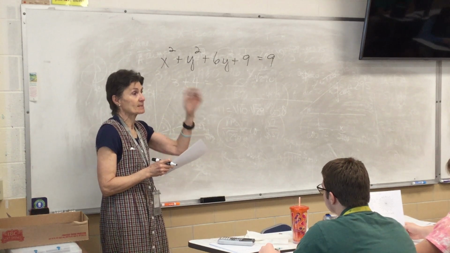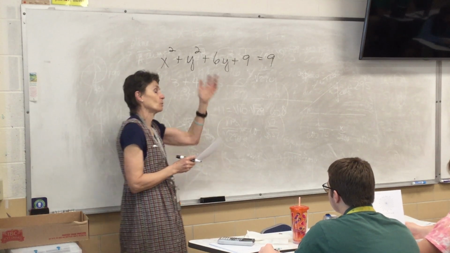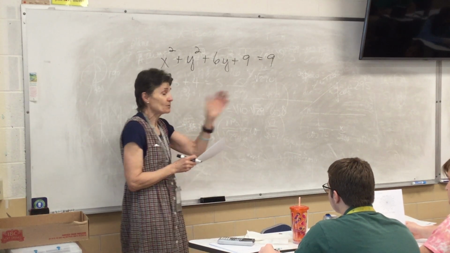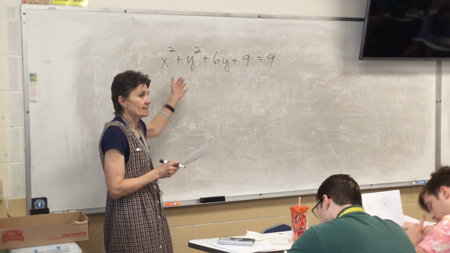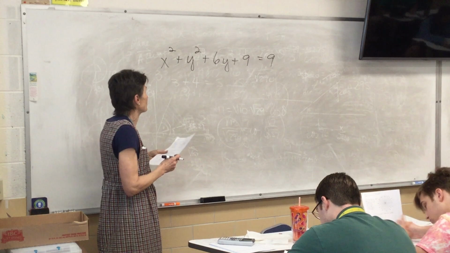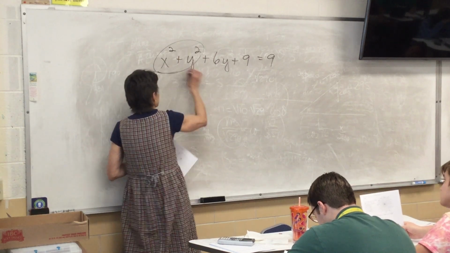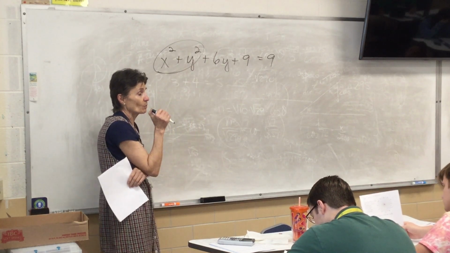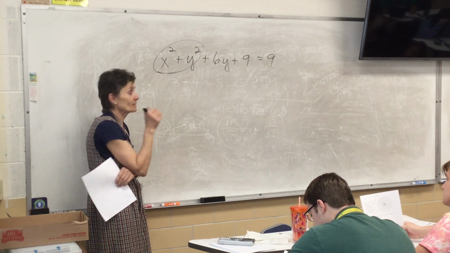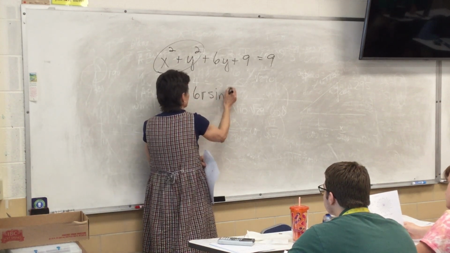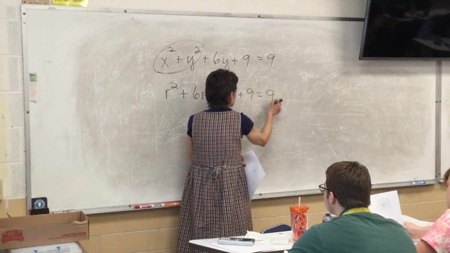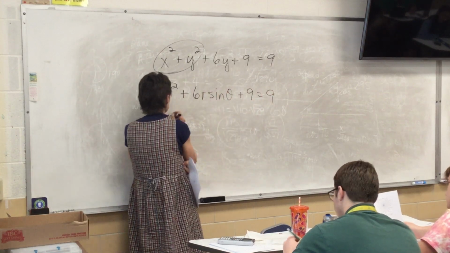I'm going to take out the x's and substitute in cosine, take out the y's, substitute in sine. I can do that right at the beginning, but then I have to FOIL with those things, and it's easier for me to FOIL with the x's and y's. Plus, as David said, what do I know about x squared plus y squared? It's r squared. And y is r sine theta. And the 9's are going to cancel.